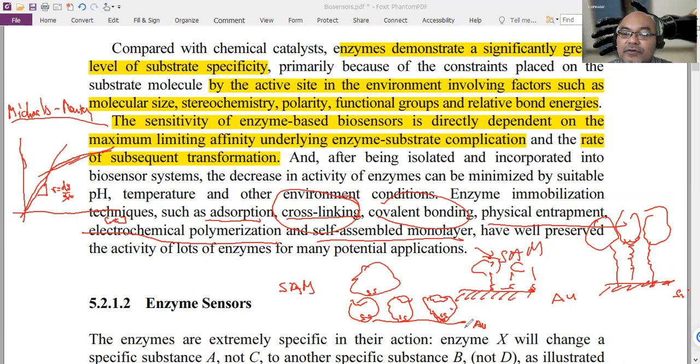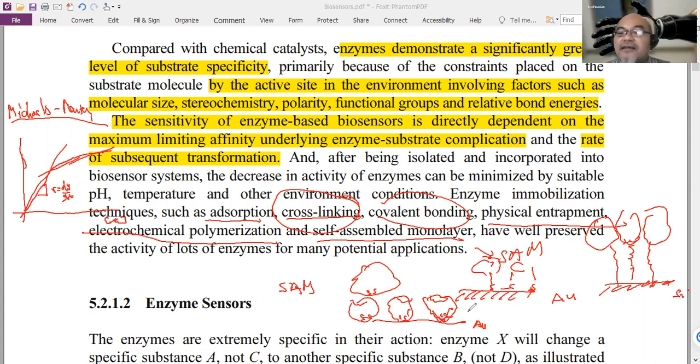Otherwise, if it is too close, for example here, then this binding between the enzyme and the substrate may hinder the motion of the enzyme, because when the enzyme binds to the reagent, there is basically a nanomechanical motion.